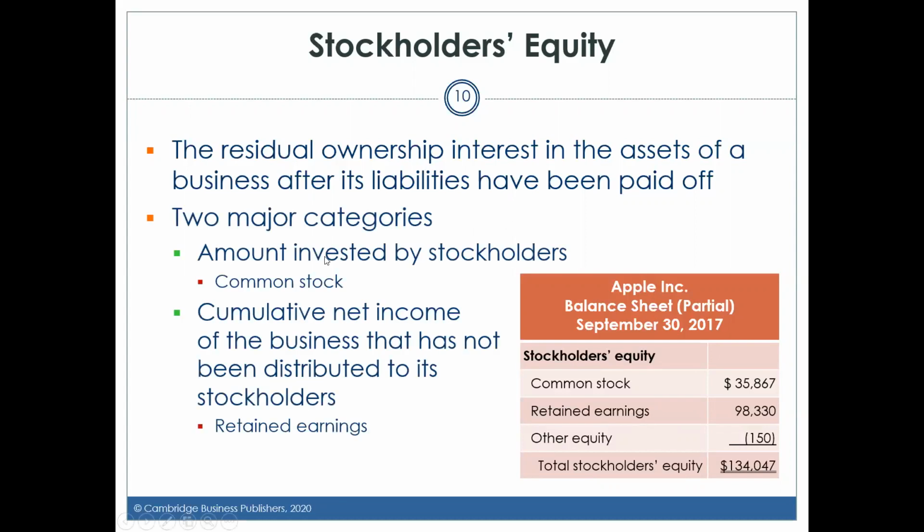It consists of two major categories: the amount invested by shareholders, the contributed capital, common stock, and then the earned capital, the amount of money that the company has earned from selling their products and services that hasn't been distributed back to the shareholders in the form of dividends, aka retained earnings. And don't worry about examples of other equity. We'll get into that later.